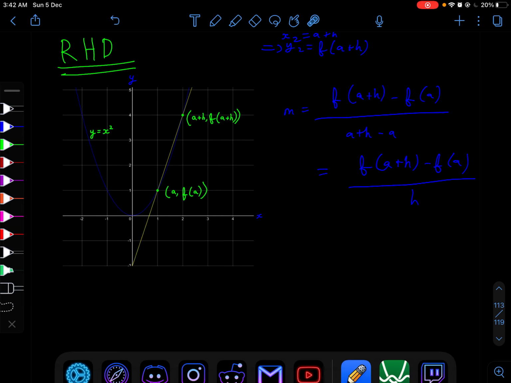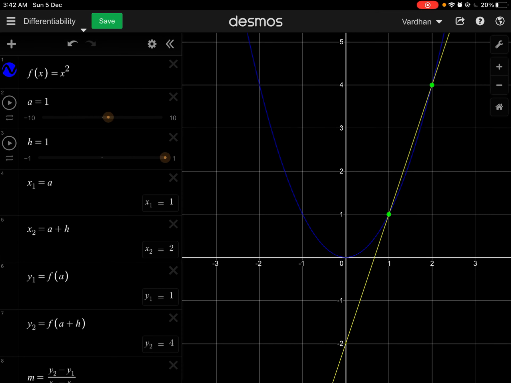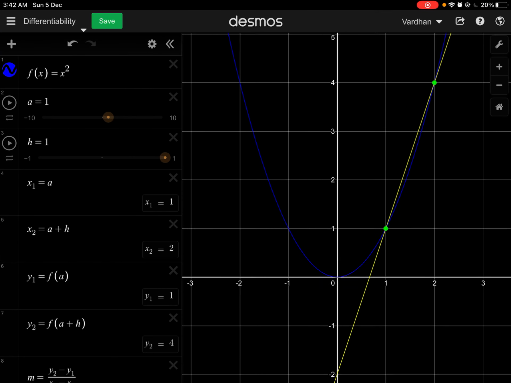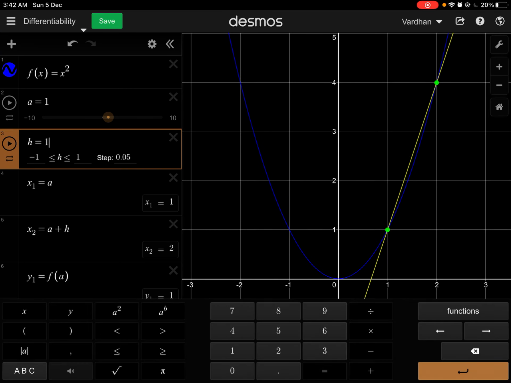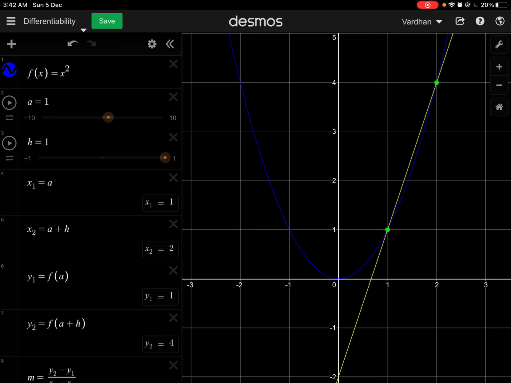So if we do that, it would look like this. Here we have the graph for y is equal to x squared, and the line is drawn between a comma f of a and a plus h comma f of a plus h.